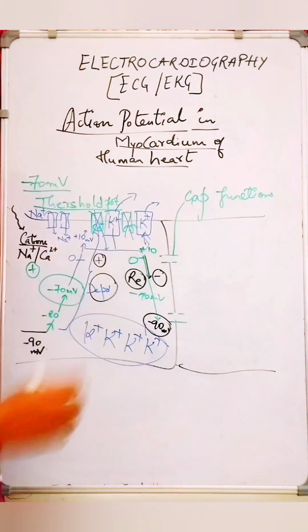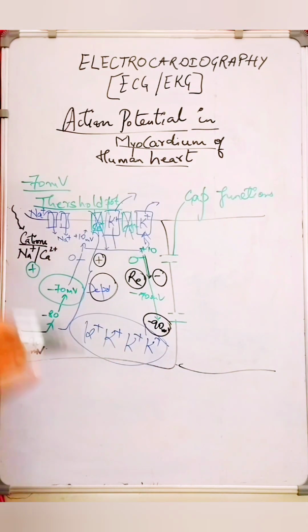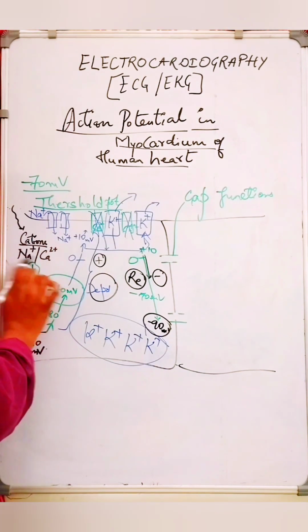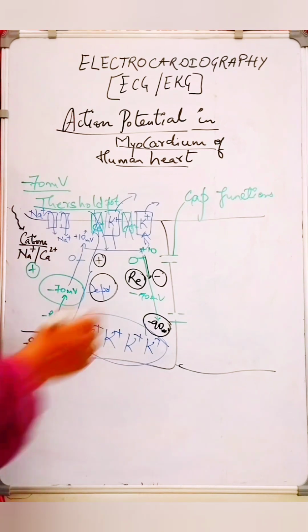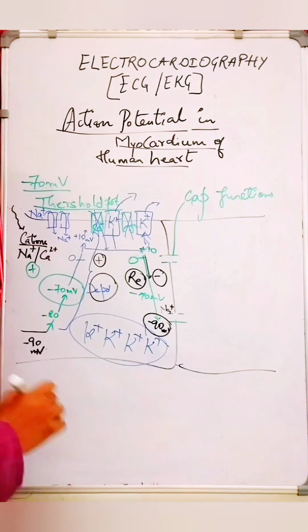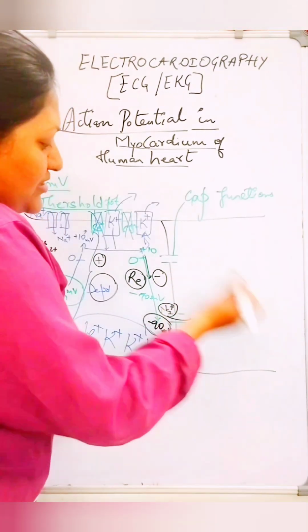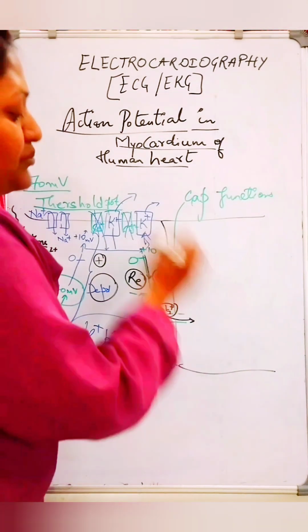Now, as I told you at the beginning, there will be influx of some cations, sodium and calcium. There will be some sodium ions inside the cell. These sodium ions will try to move towards the next cell through the gap junctions.